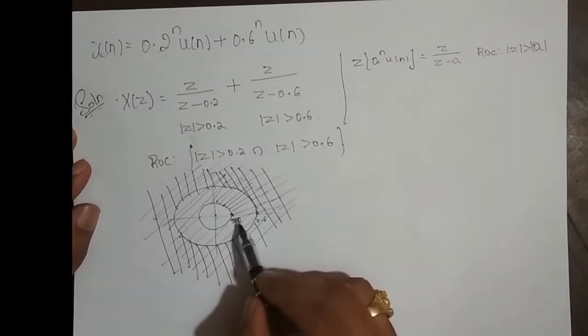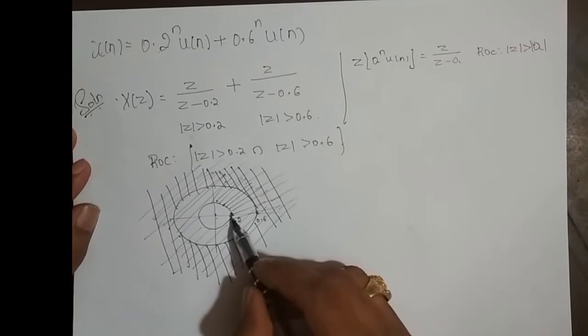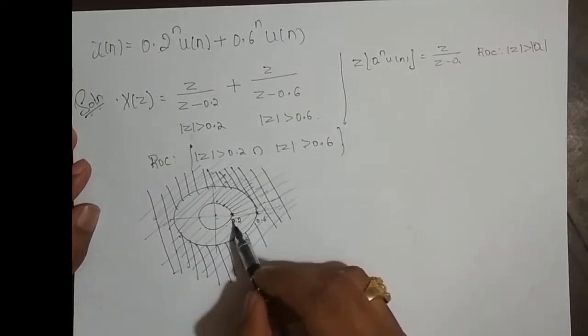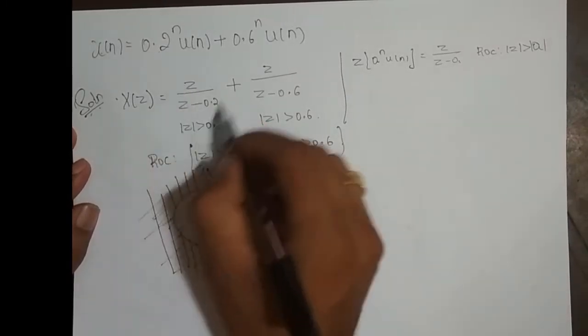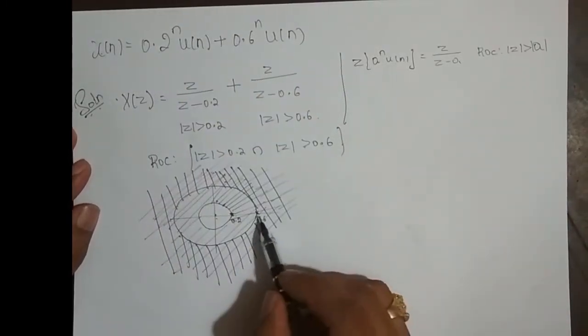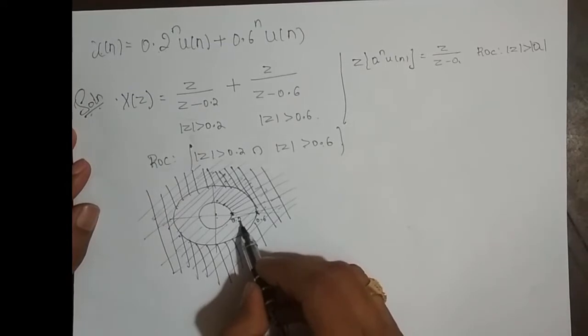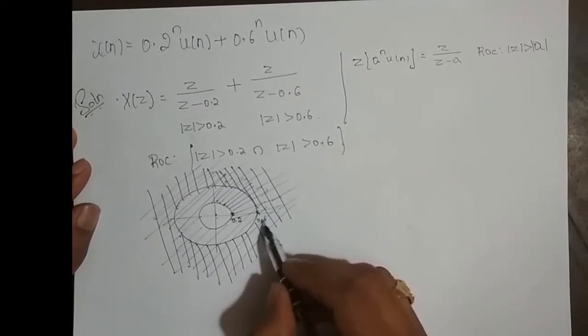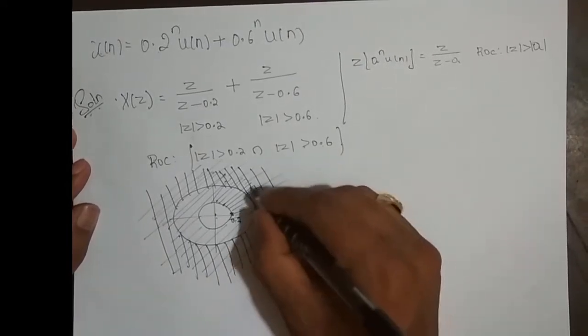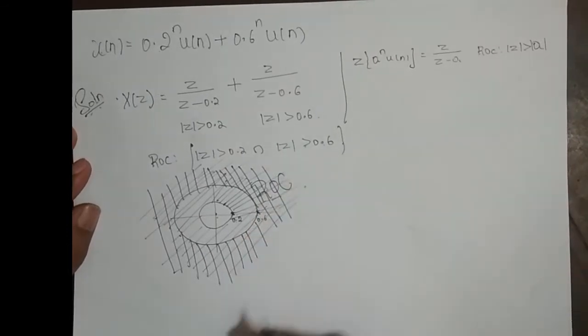From 0.2 to 0.6 we have the ROC of only the first sequence, which is 0.2 power n u of n. Whereas from 0.6 onwards, the ROC covers both the 0.2 circle's ROC as well as the 0.6 circle's ROC. So this is the combined ROC.